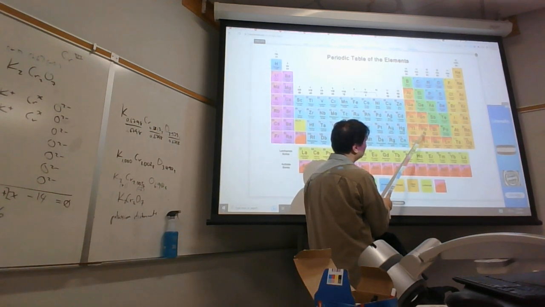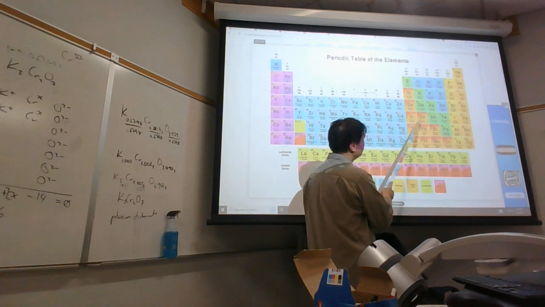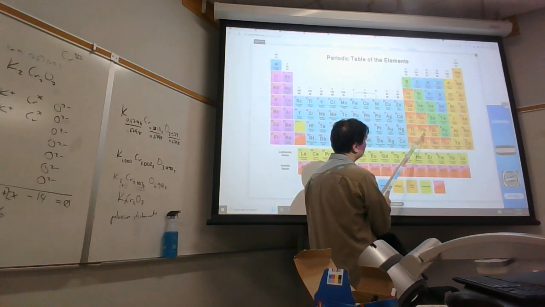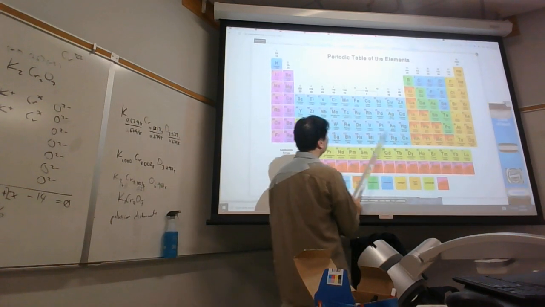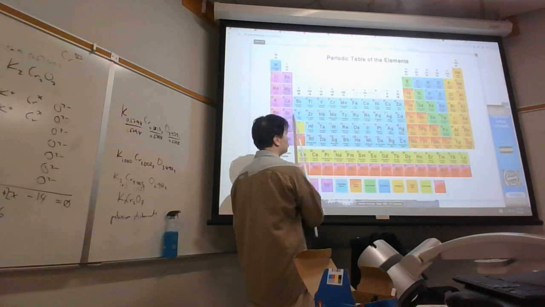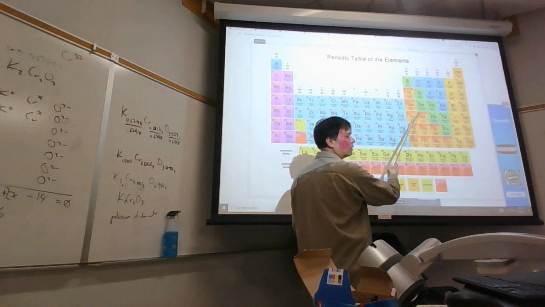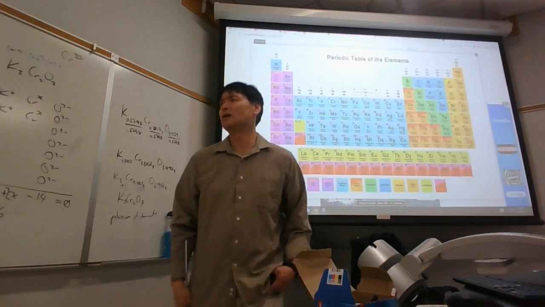Lead? +4. But these are variable, 2 and 4. These are 3 and 5. But it's all right. So what we know is the common ones are 2, 3, 1, 2, and 2, 4. Those are the most important ones. Do you guys know those? Pretty much? Yeah, good.